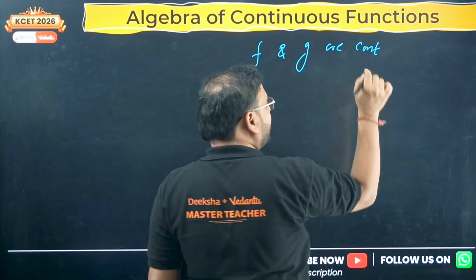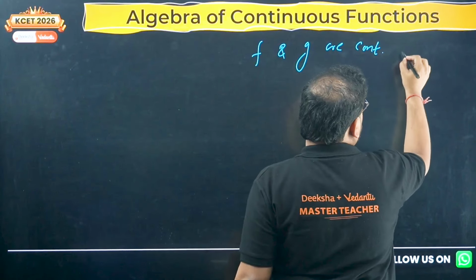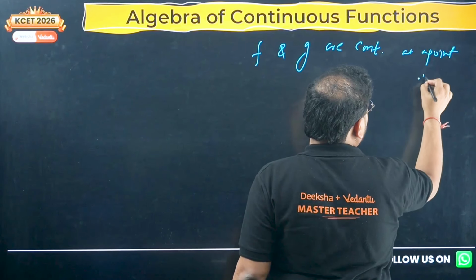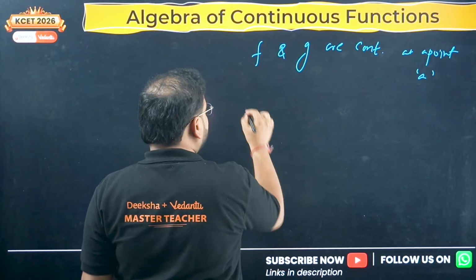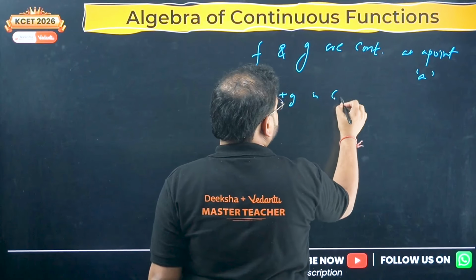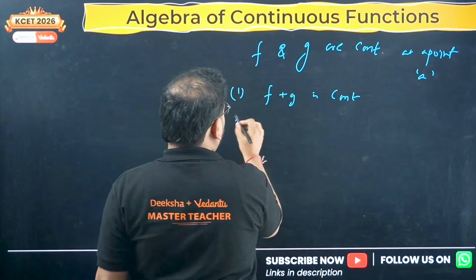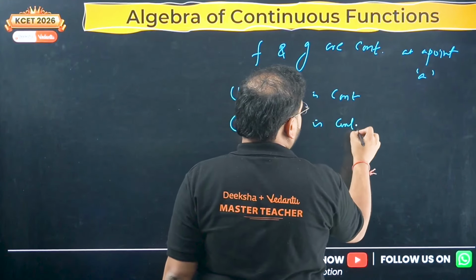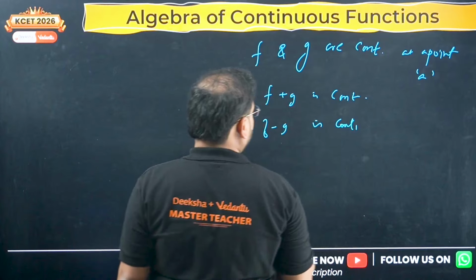either in an interval or at a point, let's say a. Then even f plus g is continuous, or f minus g is continuous.